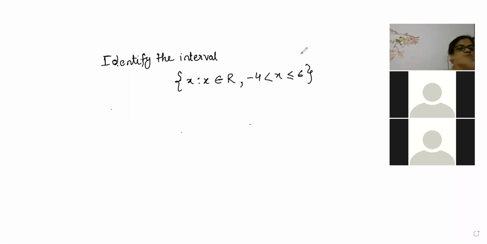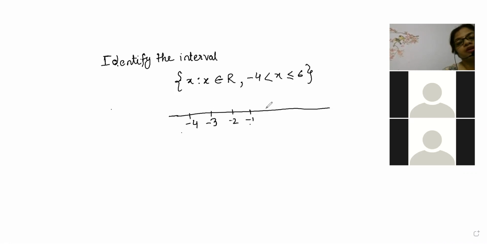Now look here, beta, I'll be explaining this one. See here, inequality is there. So on the number line, in a very simple way, first I'm teaching. On the number line -4, -3, -2, -1, 0, 1, 2, 3, 4, 5, 6 is there.